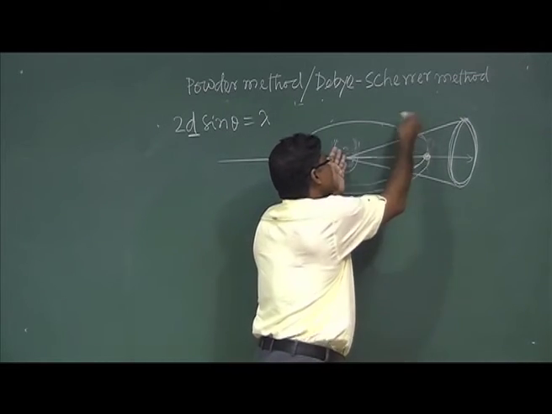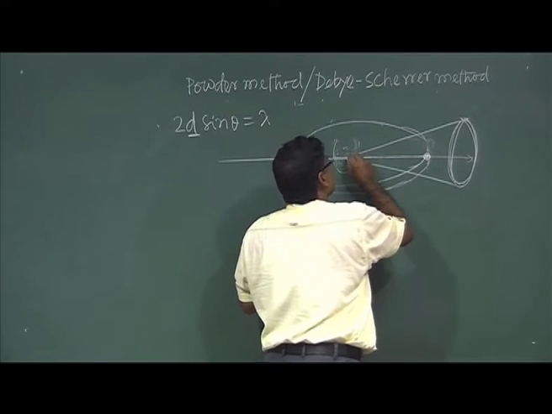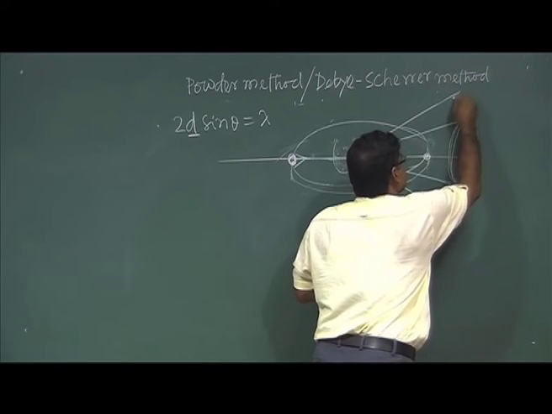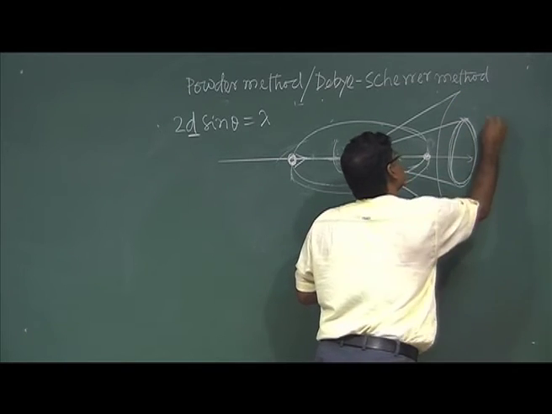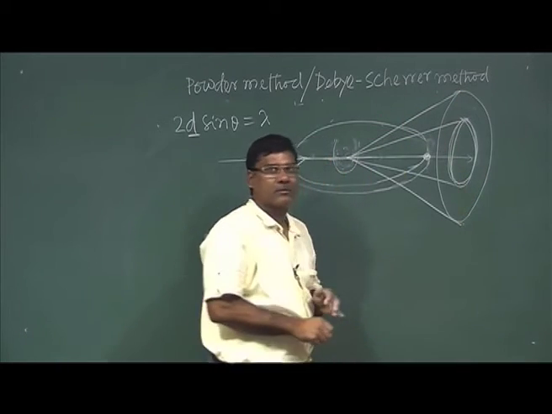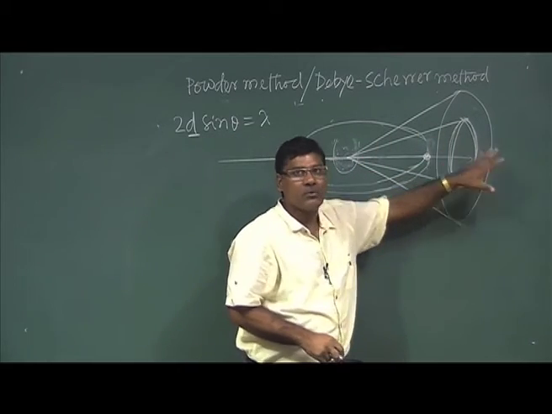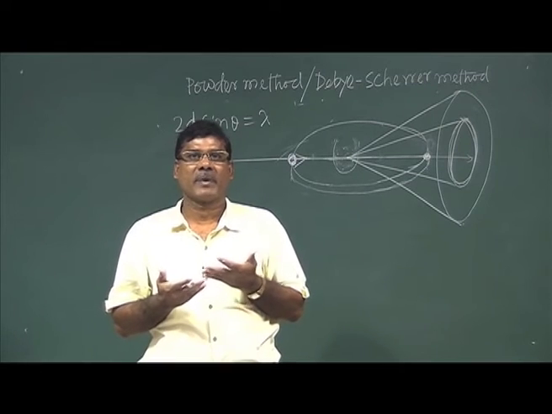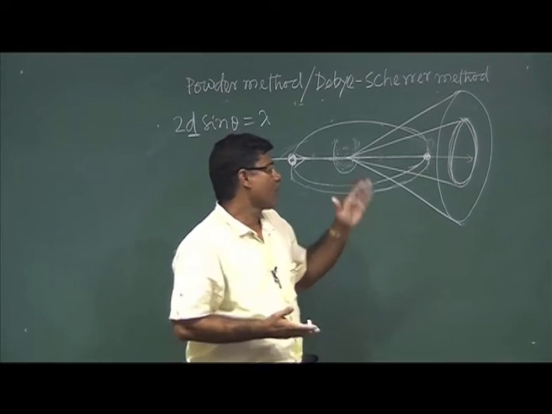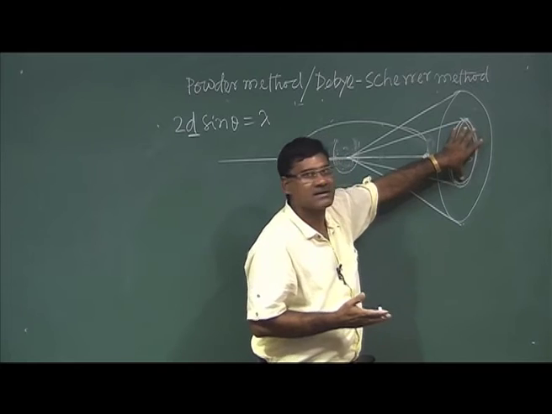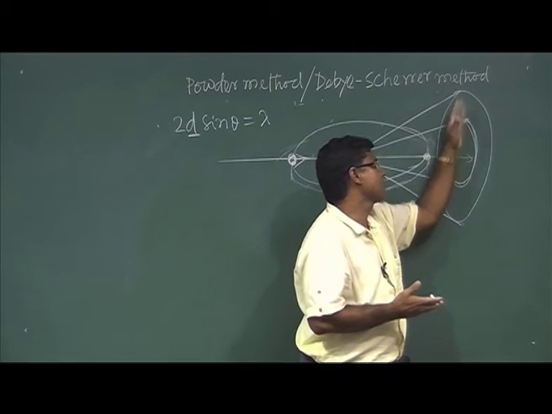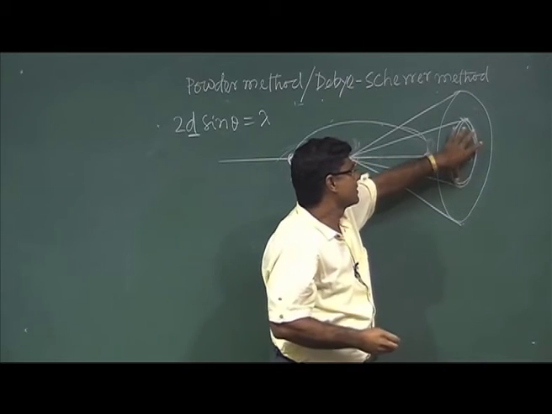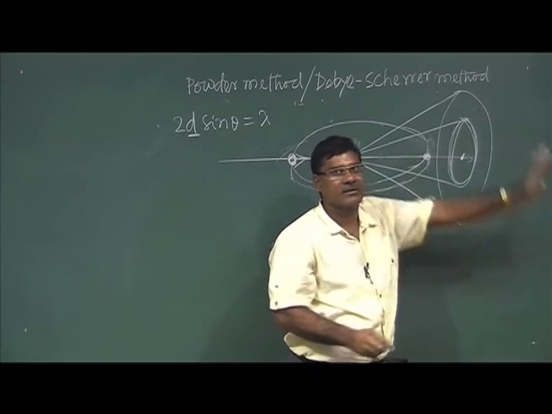It will form another cone. Each cone represents a particular plane, right. So on the screen I will get concentric circles, each circle for each plane.